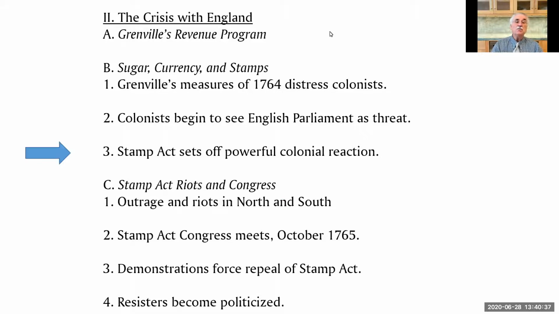So to the surprise of many people, the Stamp Act set off these powerful riots from the northern part of the colonies to the very south, from the coastal plain toward the foothills of the Appalachian Mountains. There were powerful riots that destroyed a lot of government property, and people were shocked by the extent of the damage.